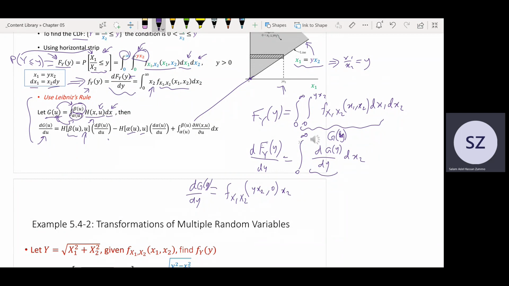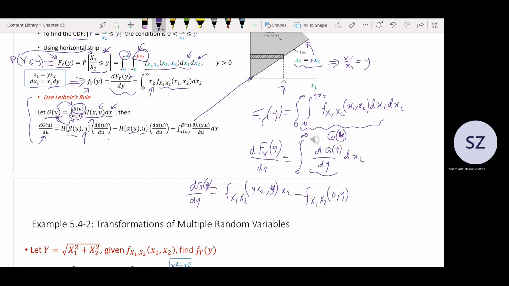Minus what? This function evaluated at the second limit. What is the second limit? 0. So minus the function evaluated at the second limit, and y, 0, this is 1.